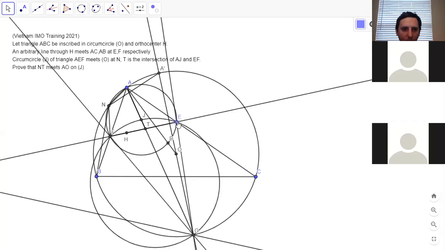So, and then to show that NT meets AO on the circle, that's the same as saying that angle FNB. So FNB is FNT, but FNT is the same as BN.